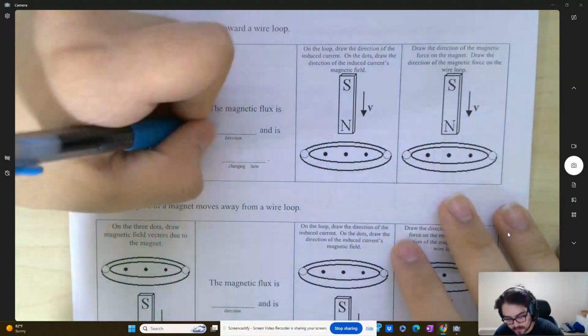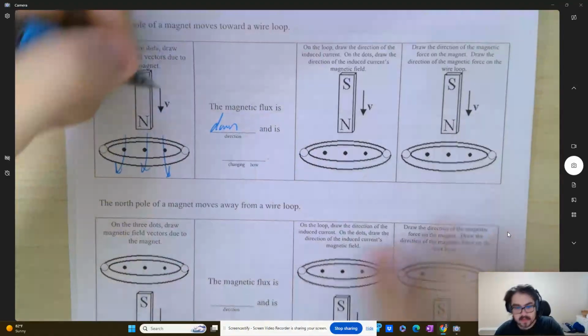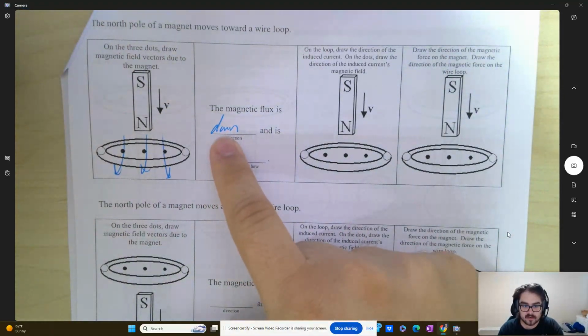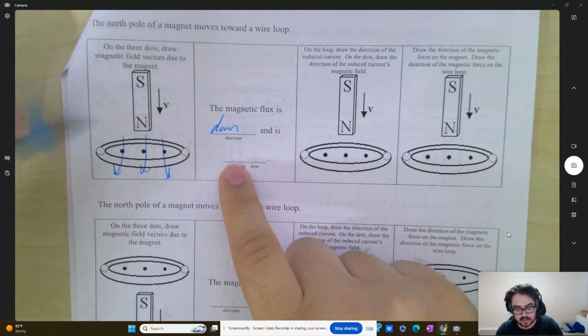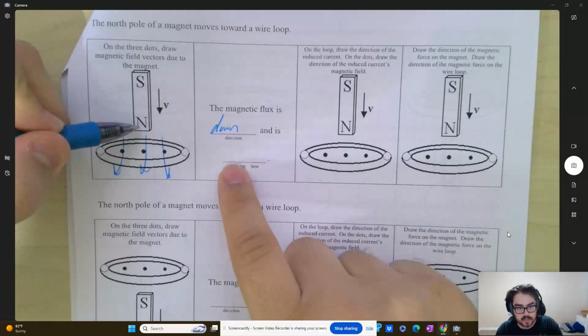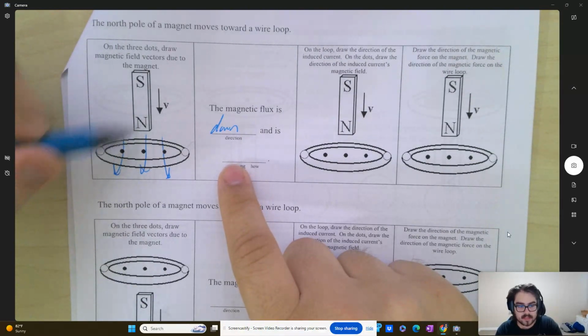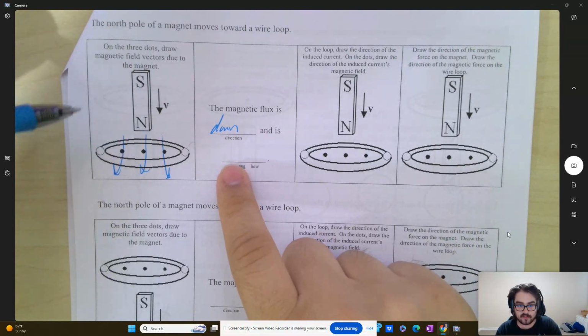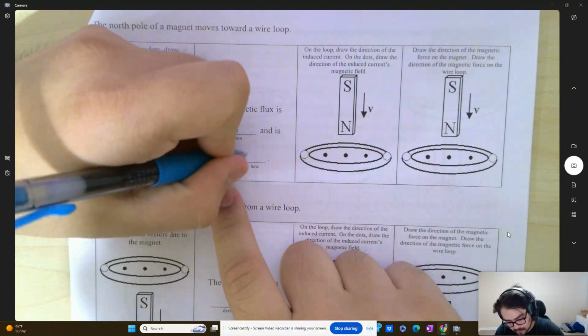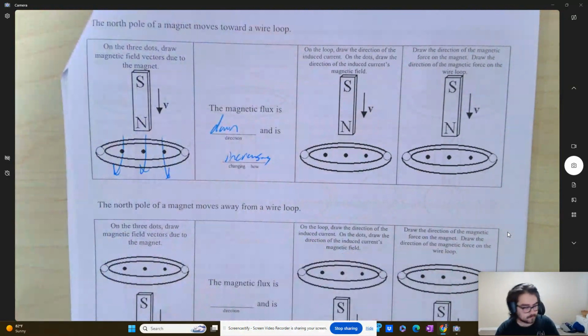So the magnetic flux is going down, the same as the B field direction. And is it increasing or decreasing? Well, the magnet's getting closer, so you can think of there's a bunch of little magnetic field lines coming out from the north pole, and as we get closer, the loop is catching more of those. So it's actually increasing.